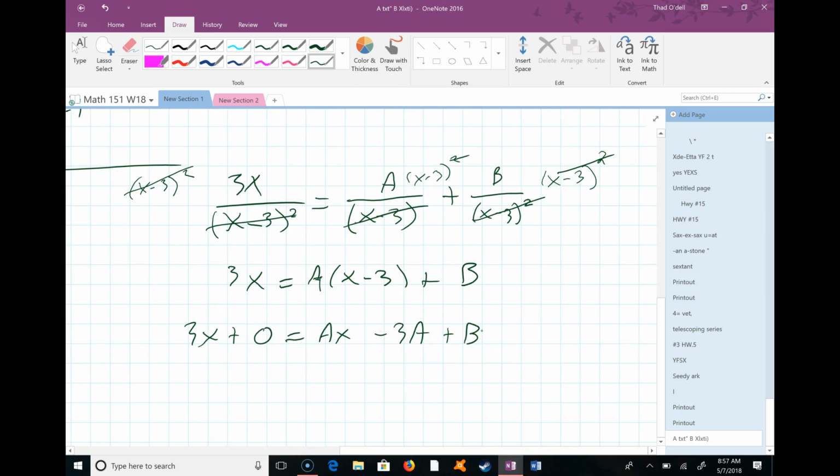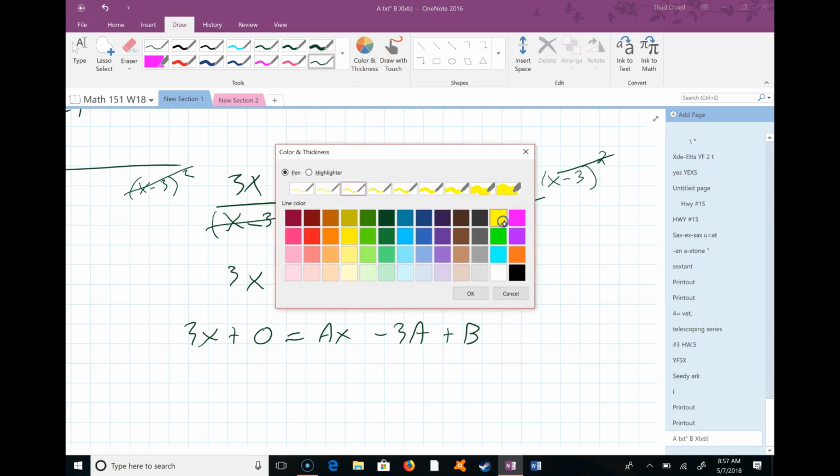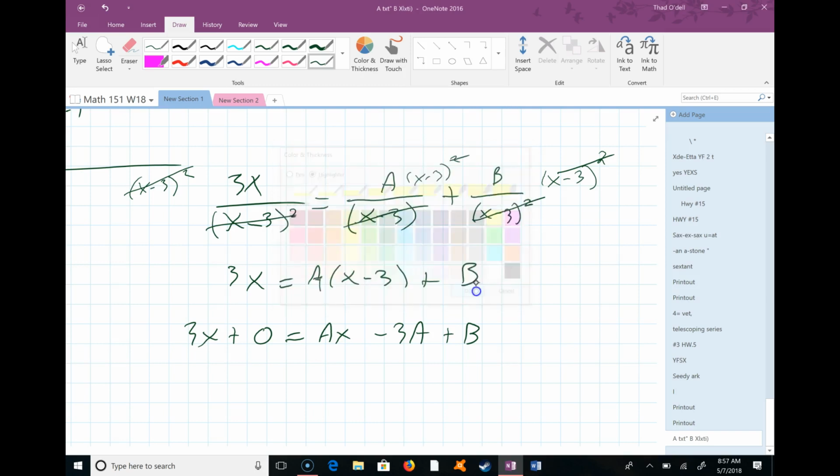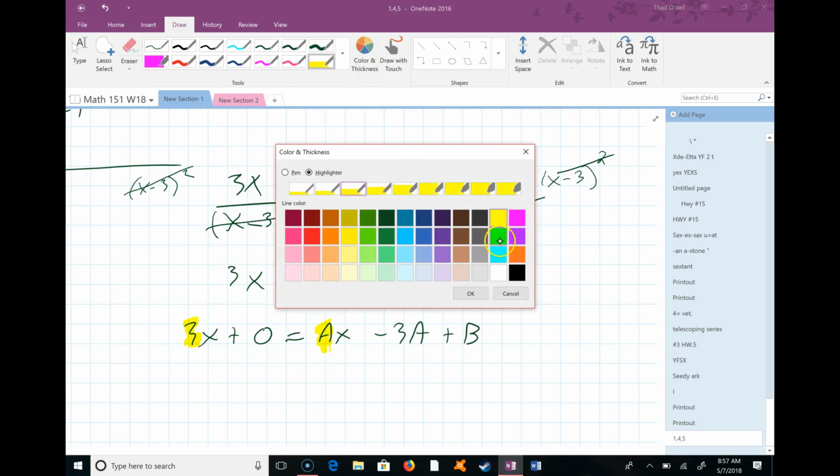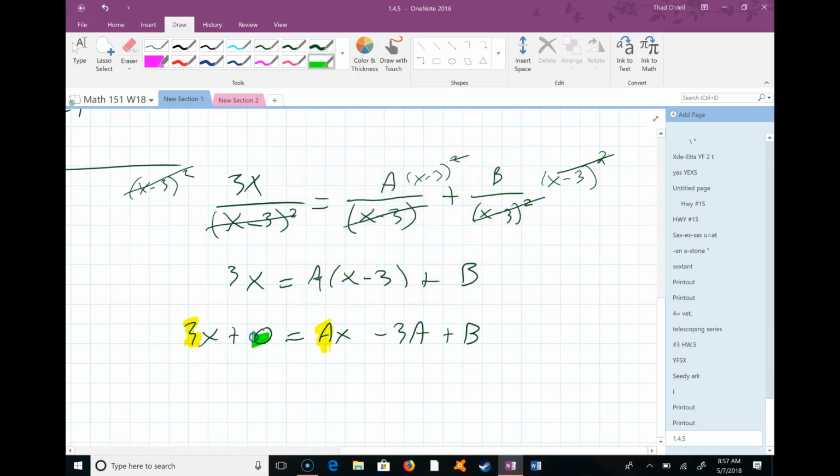So now in this case, if I bring out the highlighting again, the 3 has to be equal to the a, because that's the only thing over here that has an x on it, isn't it? And the 0 has to be equal to all of this stuff, doesn't it? Because none of that has an x.